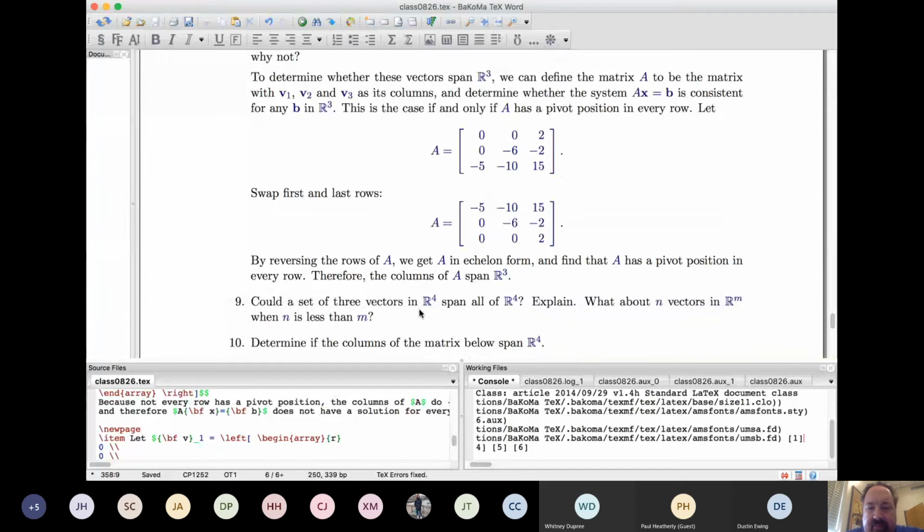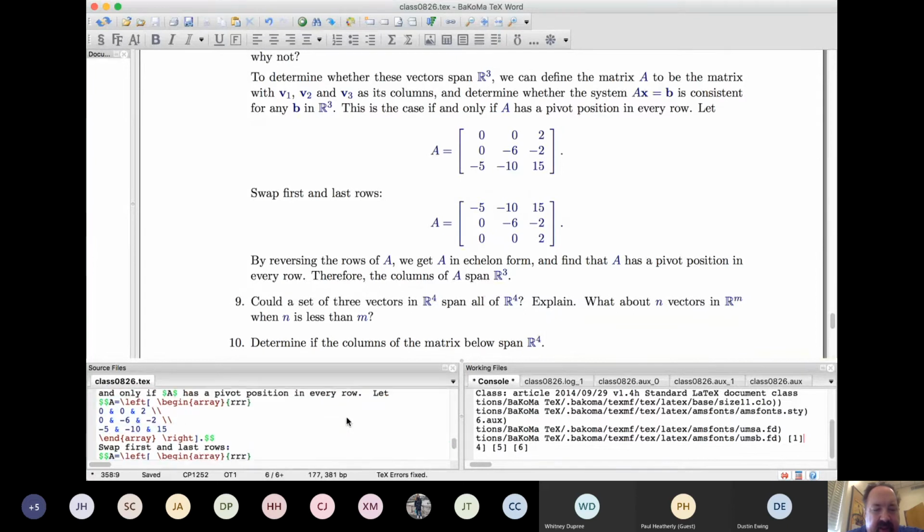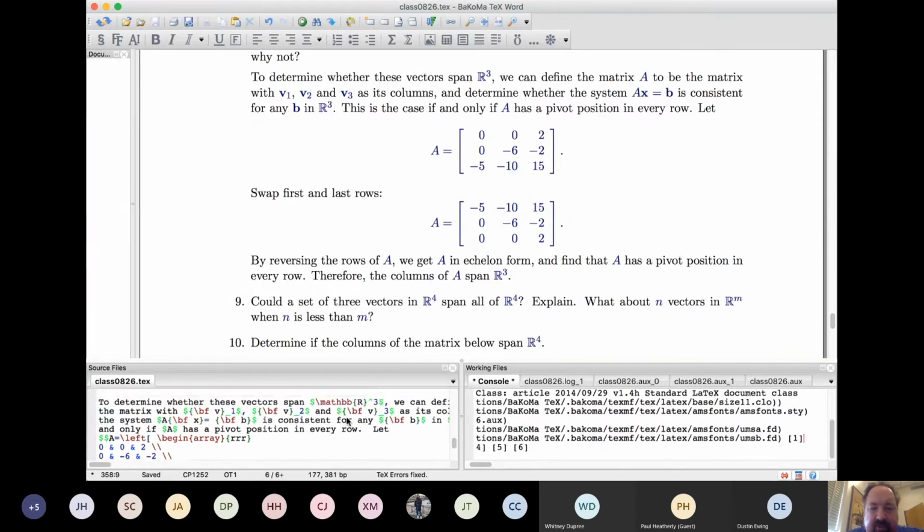All right. So as I was saying, since we've had a lot of problems dealing with whether a given set of vectors spans a certain space, what we found is that if we have, for example, R4, and we want to know if 4 given vectors, the columns of a matrix, span R4, it may or may not.